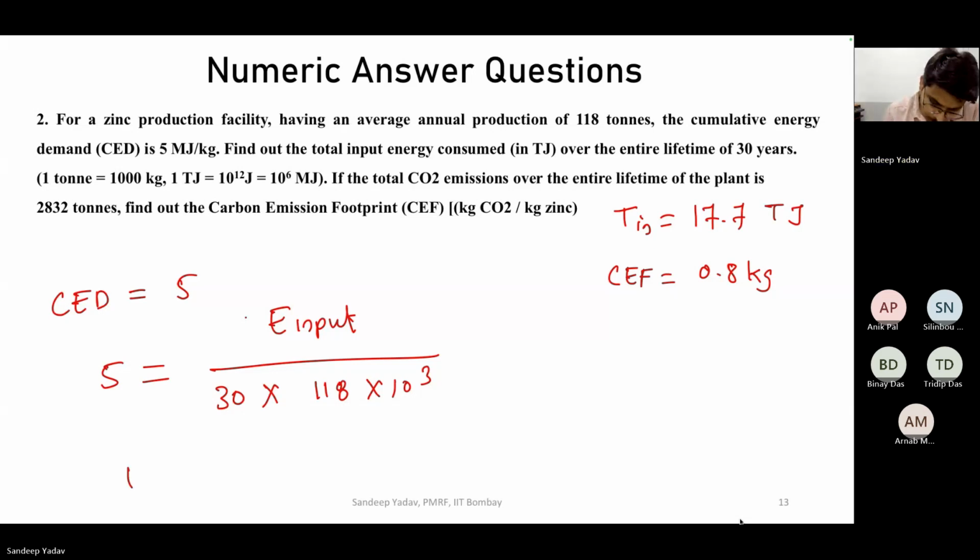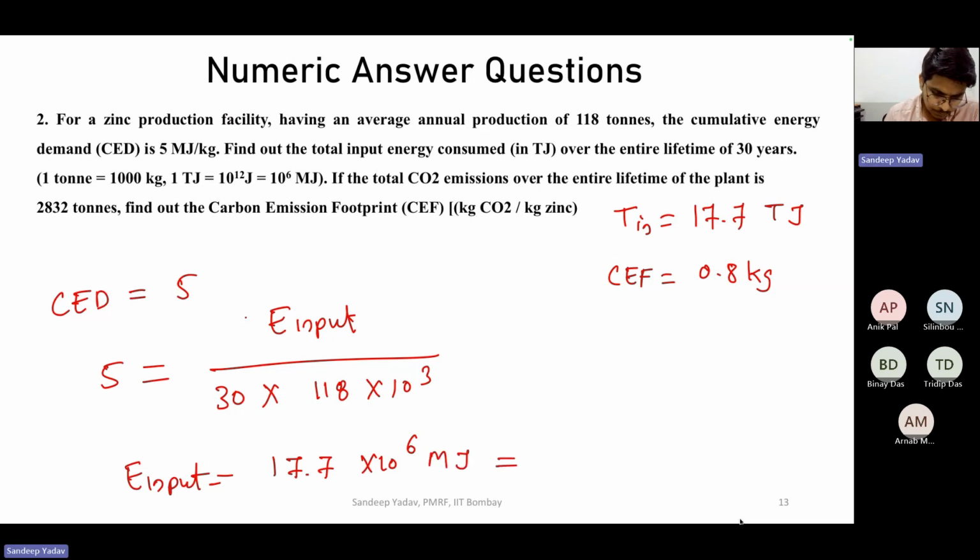Now if you multiply all these things with 30, it comes out to be 17.7 into 10 raised to power 6 megajoules.